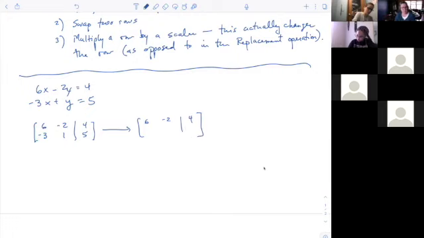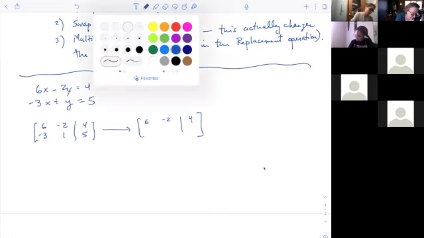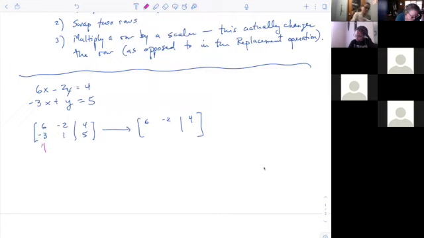Basically I need to do the same thing as before, because this part of the system hasn't changed. Let me write this down. I want to zero out this position, so I'm going to do a half times 6 minus 3, which gets me a 0.